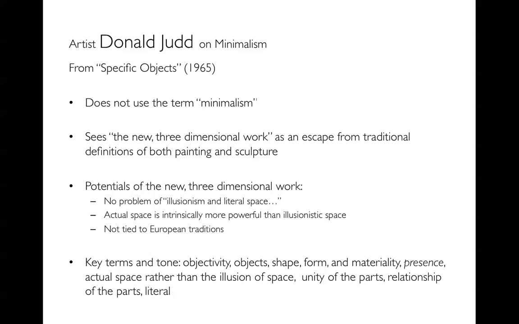Notice that if you think back to the key terms that someone like Robert Motherwell used for abstract expressionism, those terms were all much more emotive, much more about finding meaning, truth and authenticity, and these very emotional and philosophical terms. And here with minimalism, it really doesn't get lost in anything even vaguely spiritual or emotive. It's really about the form and what you see and the literal presence of the sculpture.